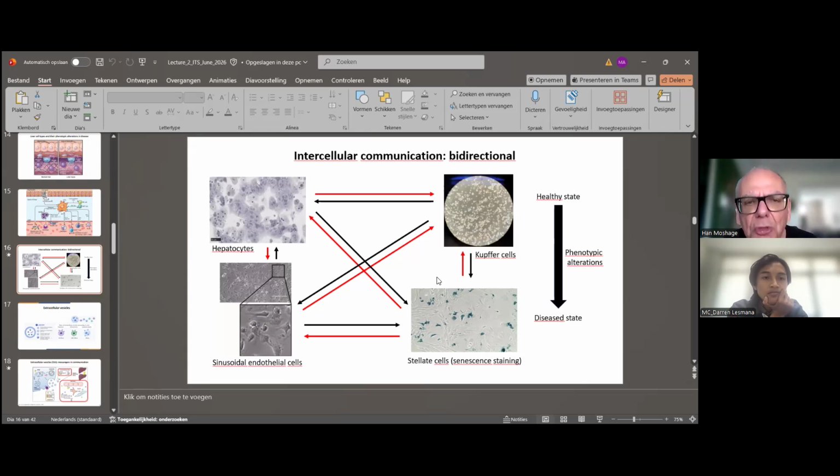But we use immunofluorescence for specific surface markers that are known to be specific for the Kupffer cells. These are usually cluster of differentiation proteins, CD proteins like CD61 or 63, and CD136. And then we find out that in the way that we isolate them, the Kupffer cells are also around 90 to 95% pure.